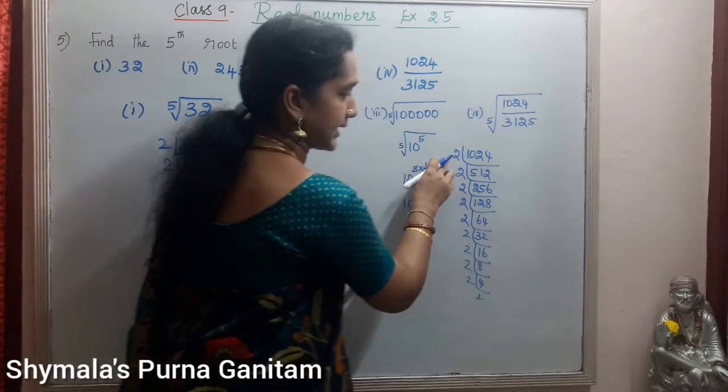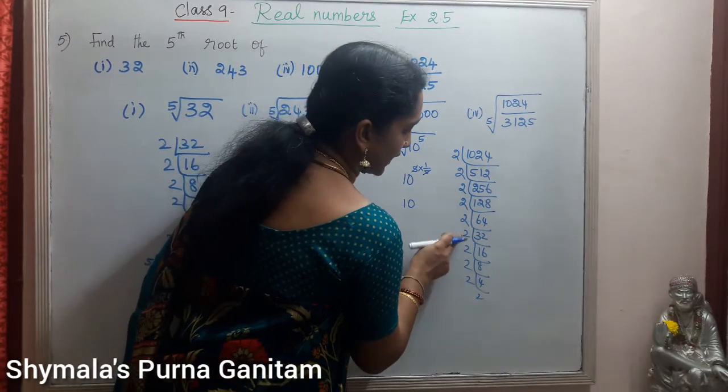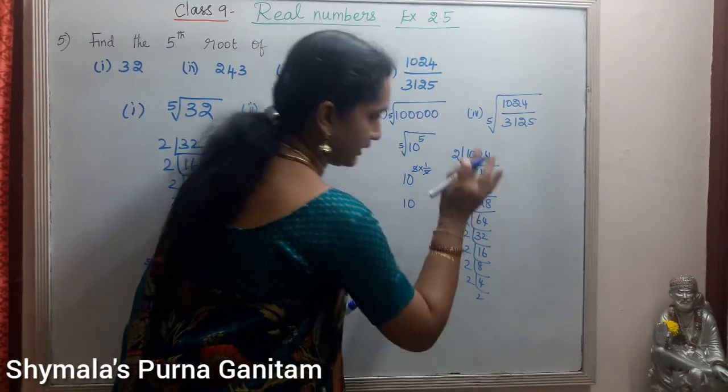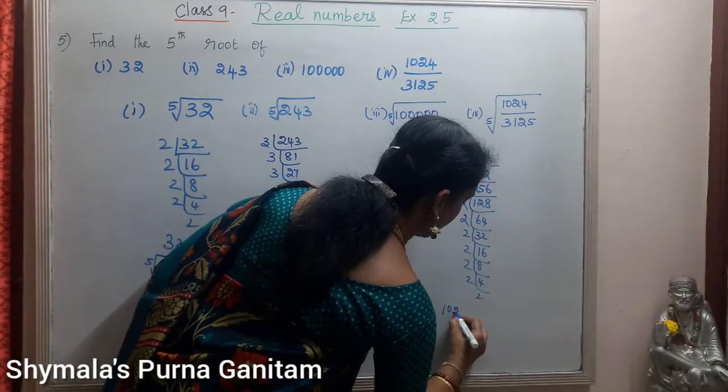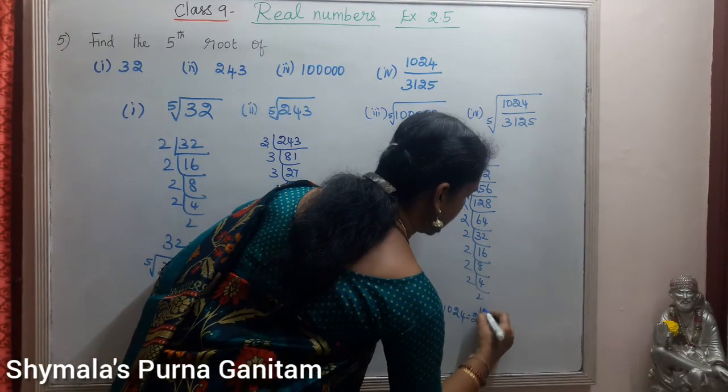So we can count 1, 2, 3, 4, 5, 6, 7, 8, 9, 10. That is 2 power 10. So we can write this 1024 as 2 power 10.